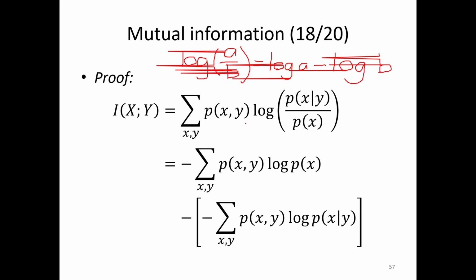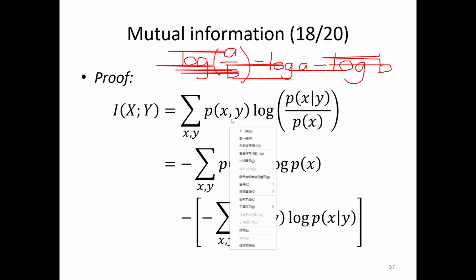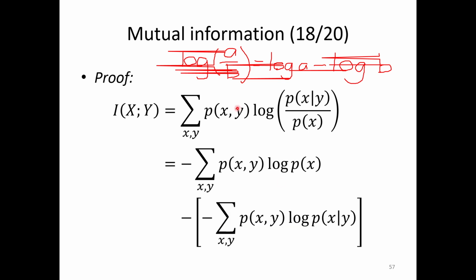So this term can be split into two terms. The first term is minus the summation over x, y of P(x,y) log P(x). Because P(x) is in the denominator, we must place a minus sign here.